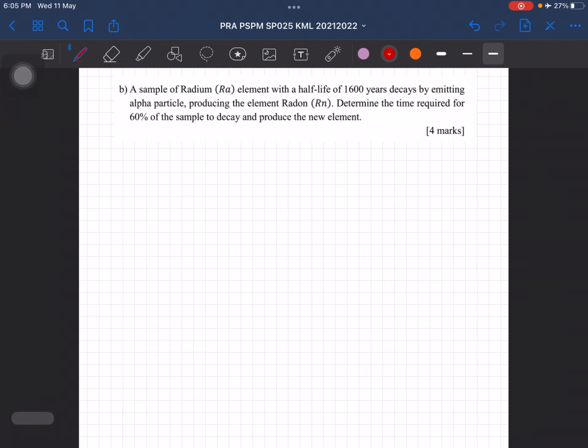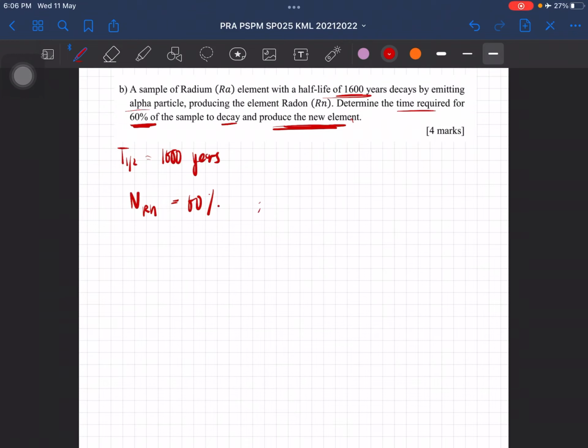Question B, a sample of a radium element with a half-life of 1600 years. So given is the half-life in years, decays by emitting alpha particle. So it emits alpha particle producing the element radon. Determine the time required for 60% of the sample to decay and produce the new element. So 60% of the sample, meaning it is the number of radon left. So number of radon left is 60%.